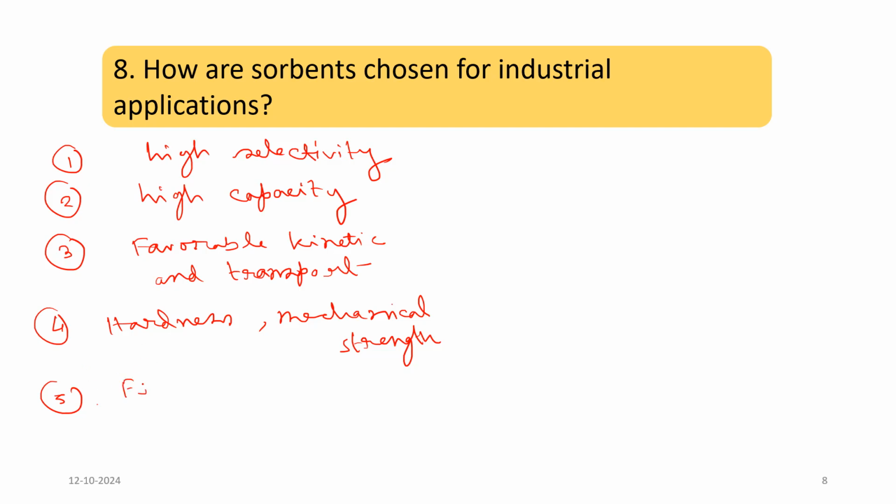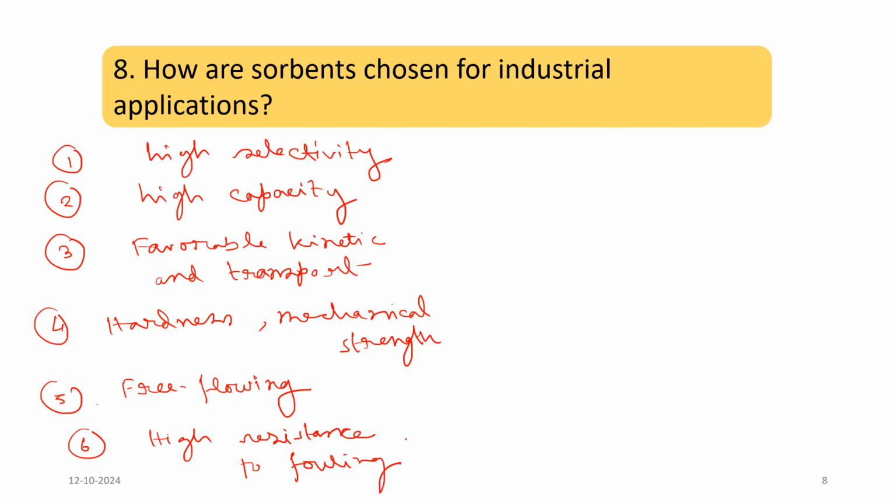Sixth is high resistance to fouling. Then easily regenerable and low cost. So all these points are important to note when sorbents are chosen for industrial application.